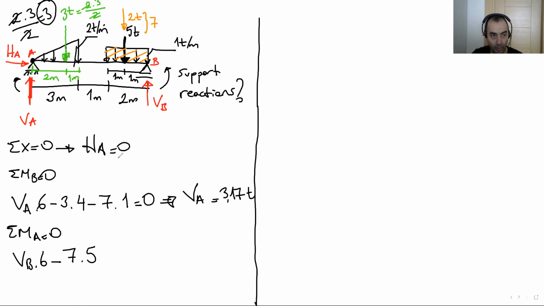And then I have 3 times 2 meter equals 0. Here we are going to have vertical B. Let's do it. 35 plus 6. Okay, this is vertical B.